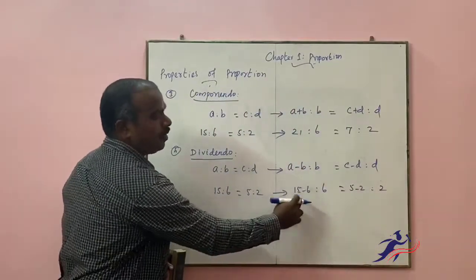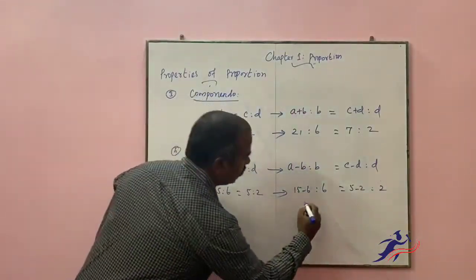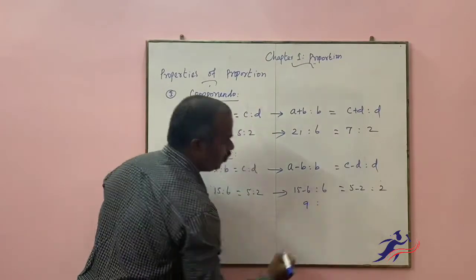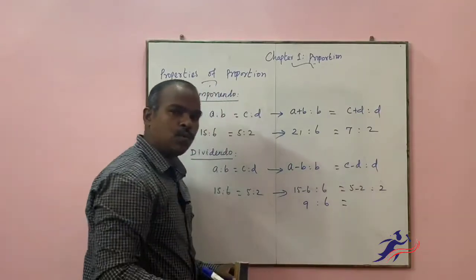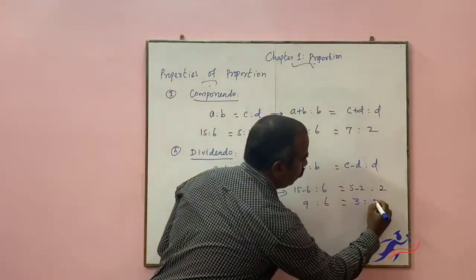Now we check 15 minus 6, that is 9 is to 6 is equal to 5 minus 2, that is 3 is to 2.